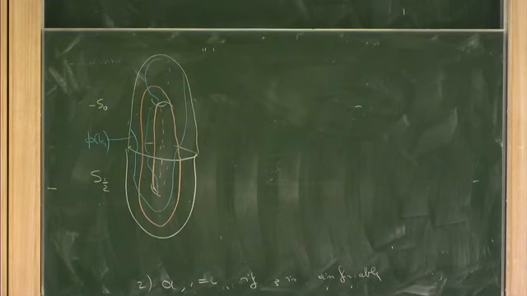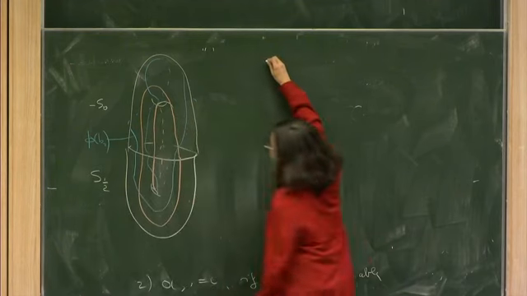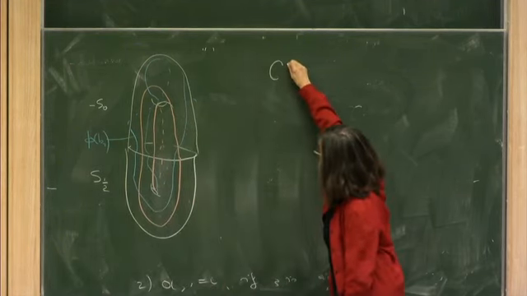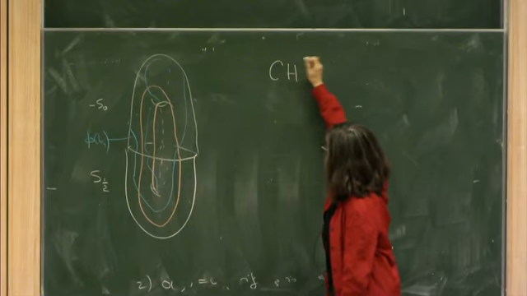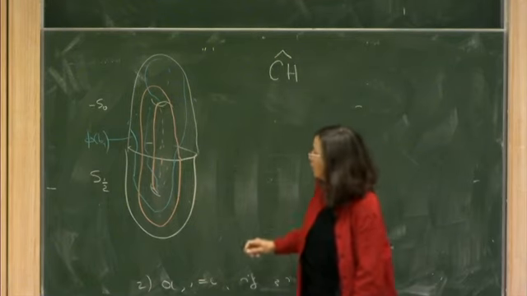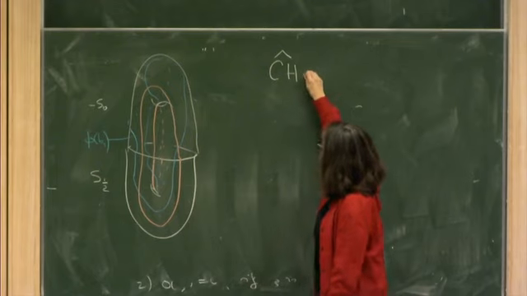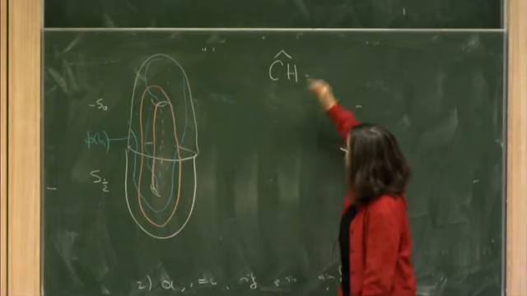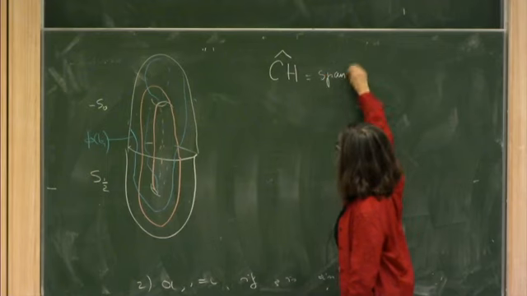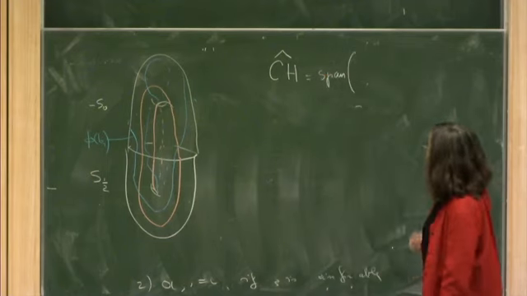And so Ozsváth and Szabó, from a Heegaard diagram, define a chain complex, CF hat. In this chain complex, the chain groups are spanned over whatever we work over.